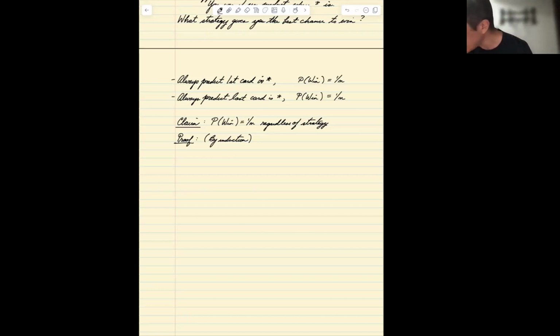So the base case is the case that n is equal to 1. In the case that n equals 1, there's only one card in the deck and it's special. So we would just predict that that is the special card. I guess you could imagine that we could predict that the next card is not special.